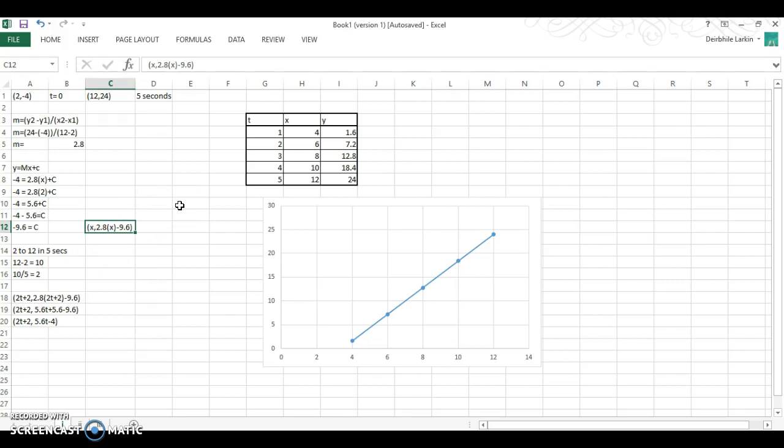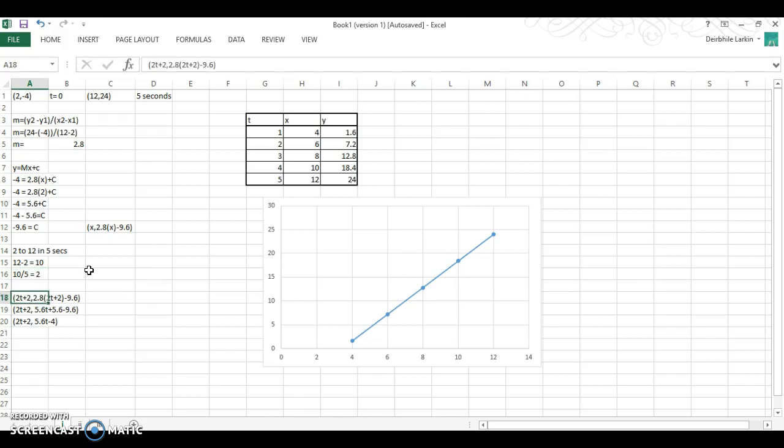To do that, we have to work out the time and the difference in time. It takes from position 2 to position 12 in 5 seconds. So we do 12 subtracted by 2, which gives us 10, and 10 divided by 5 seconds gives us 2. Now we can put that into our equation.